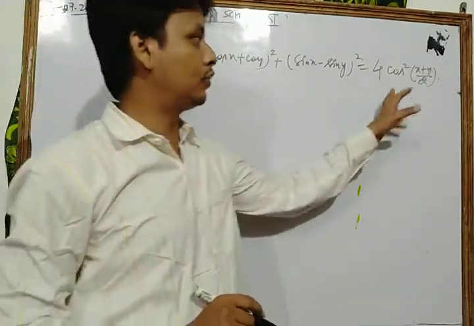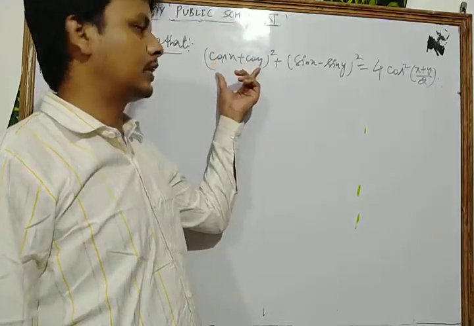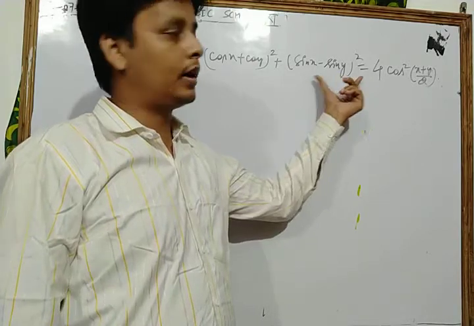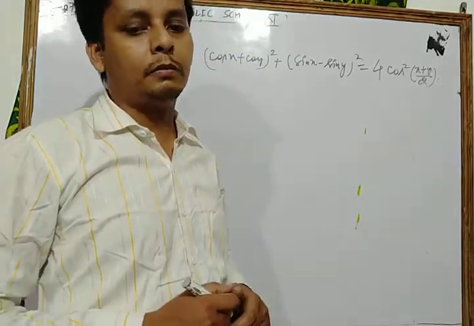We have to show that cos x plus cos y whole square plus sin x minus sin y whole square is equal to 4 cos square x plus y by 2. This is the proof. Okay.